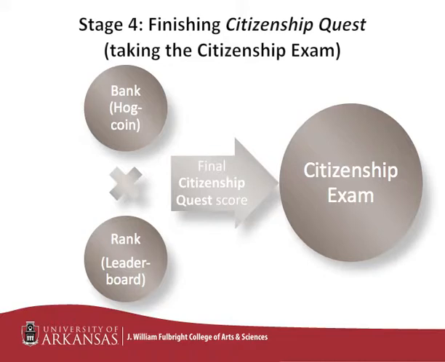In other words, you're going to be put in quartiles. Now, don't worry, just by finishing the citizenship quest game, you get at least a C on this portion of the grade. But, like life, not only luck, but hard work and good choices can make a difference in where you stand in the class and the grade you receive in this portion of the class.